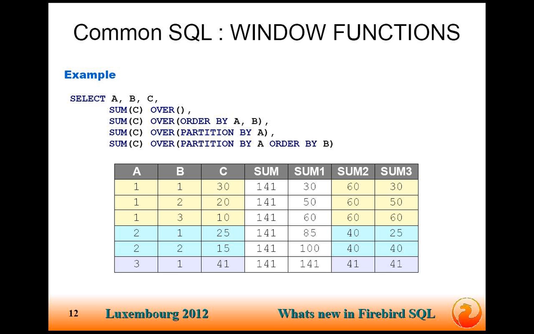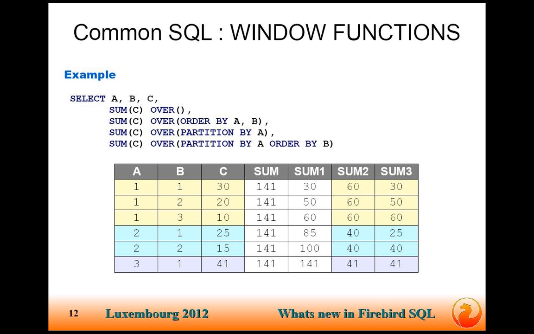Continue about partition of window. In the third window function, sum C over partition by A, we see that the sum is computed for every distinct value in the column A, and we have a distinct sum.